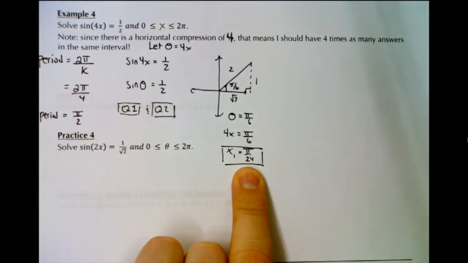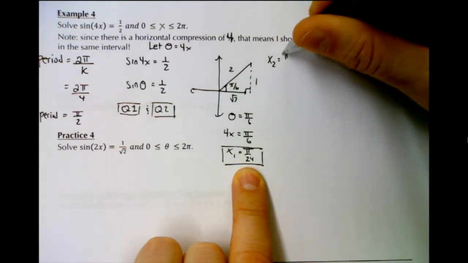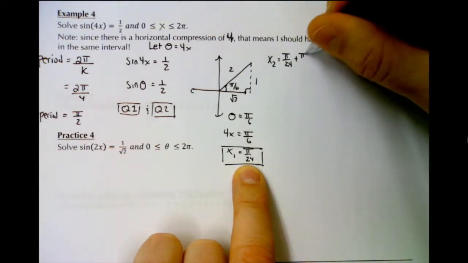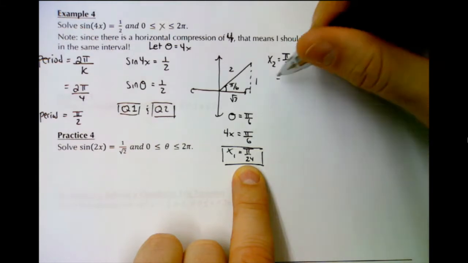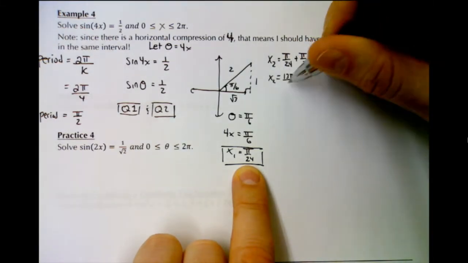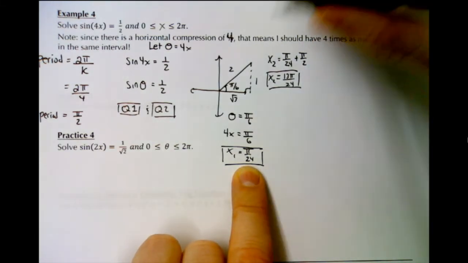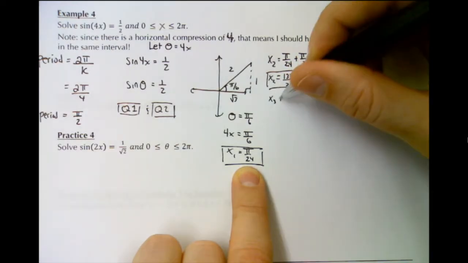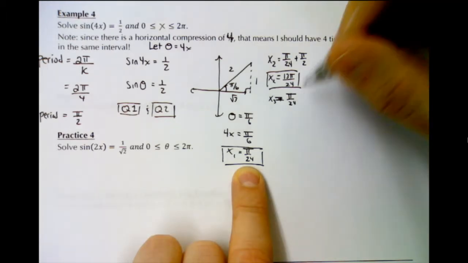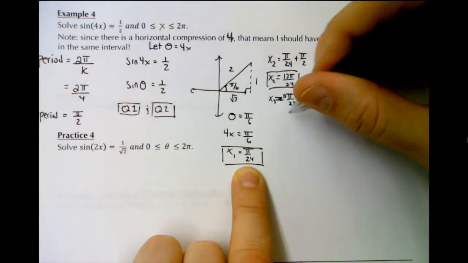So to get our next 3 answers, we take our pi over 24 and we add our period, pi over 2. And that'll give us our next one, which is 13 pi over 24. To get our next answer, we do it again. Add the period again. 13 pi over 24 plus pi over 2.